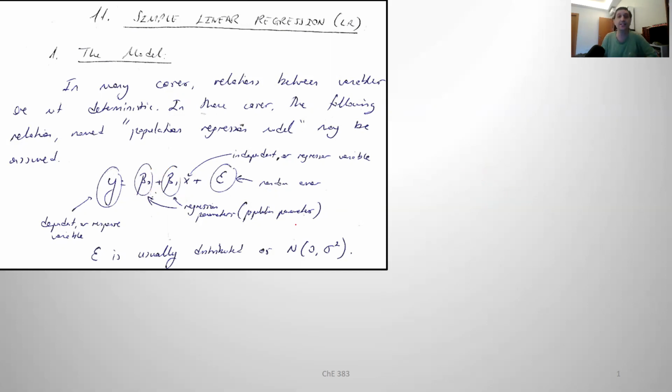We are going to be concentrating on a single regressor, so we are not going to have an x2 here. For the very same reason, we are not going to have a beta 2 times x square element here also.